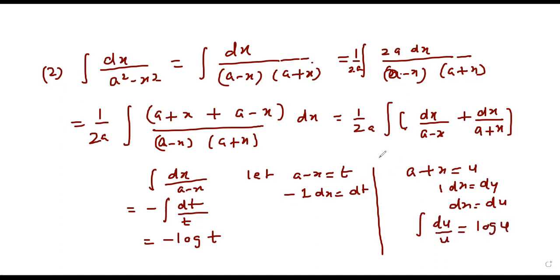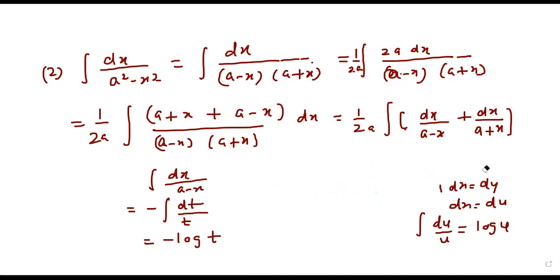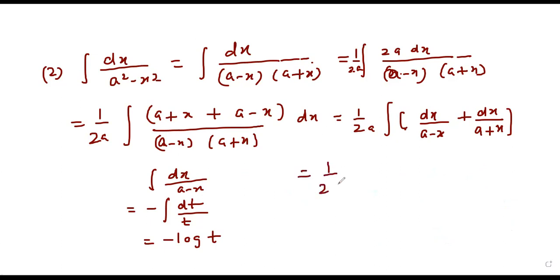So what we have got from here is 1 upon 2a, and this gives minus log t, and this gives plus log u plus c. So log m minus log n will become log m upon n.